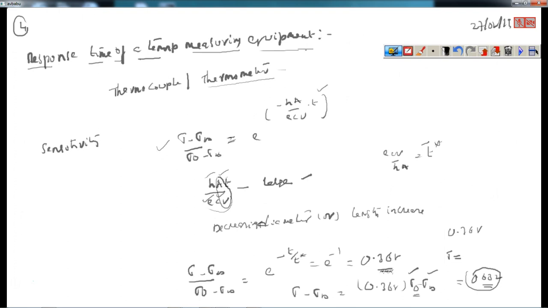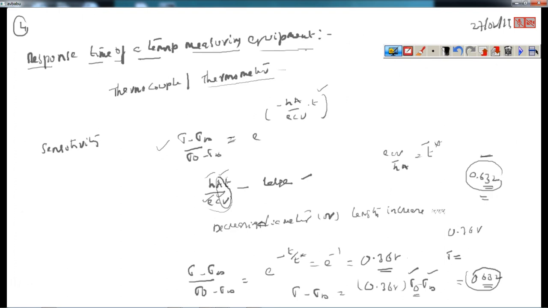The system should quickly reach 0.632 times the initial temperature difference. This is nothing but the time required, how quickly it responds to reach this condition.